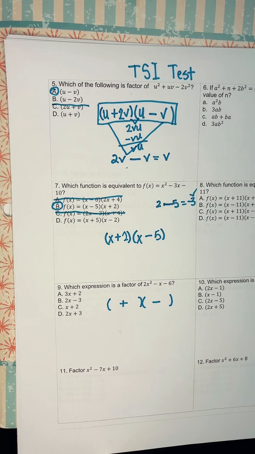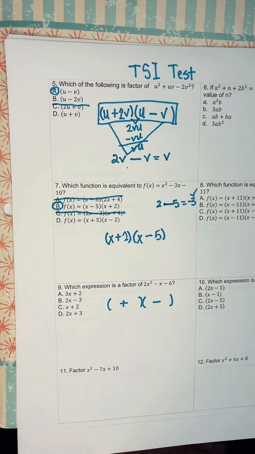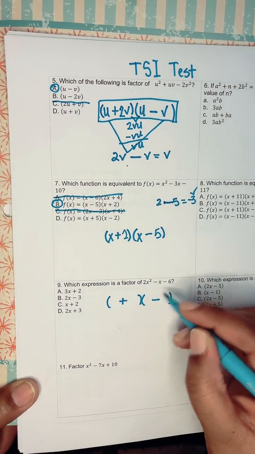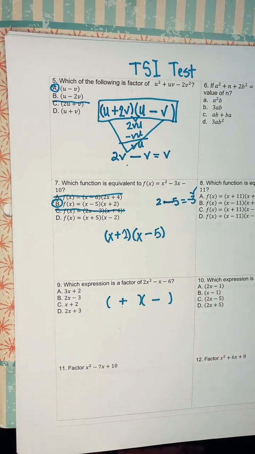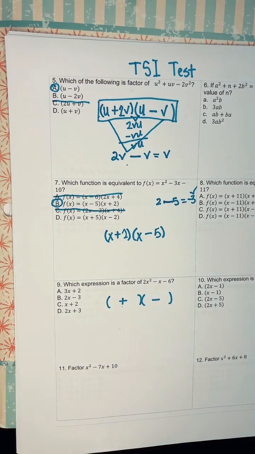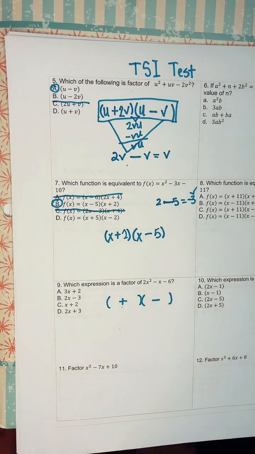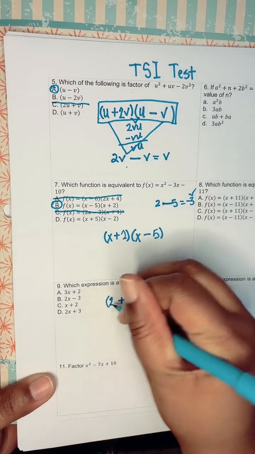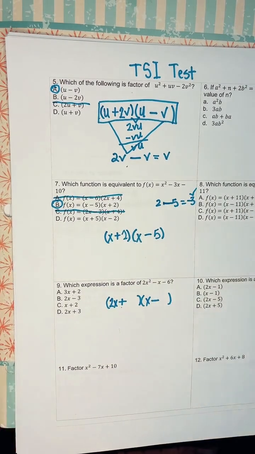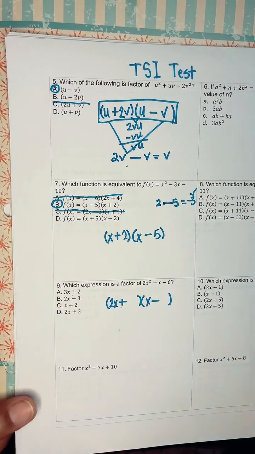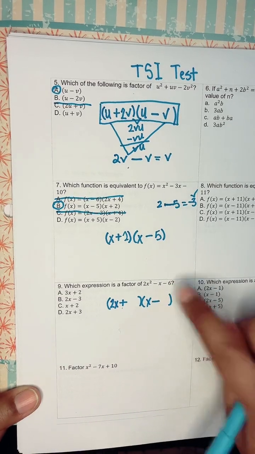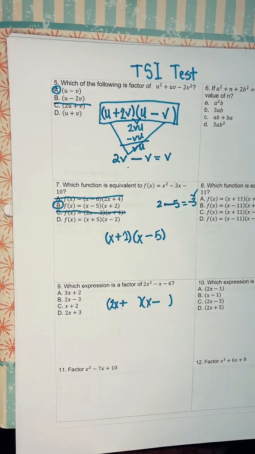Beautiful, you guys. Why is it plus and minus? That's a rule. Whenever you have a minus and a minus, it's always going to be plus and minus. 2x times an x. Okay. What times what gives us 6?